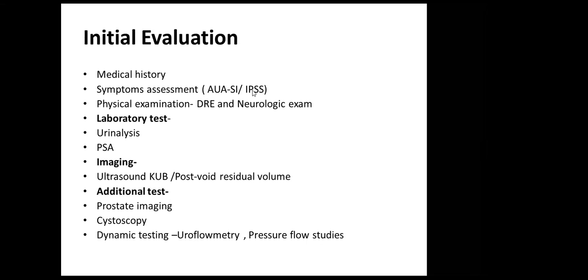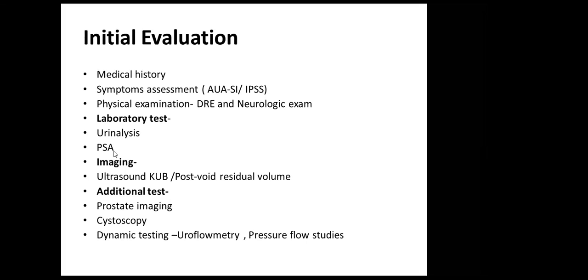Sir, prostate specific antigen is not of greater importance in benign prostatic hyperplasia. It is of much importance in prostatic cancer, but in certain cases, if they want to start a 5-alpha reductase inhibitor, it is usually started when the prostate size is more than 30 grams.